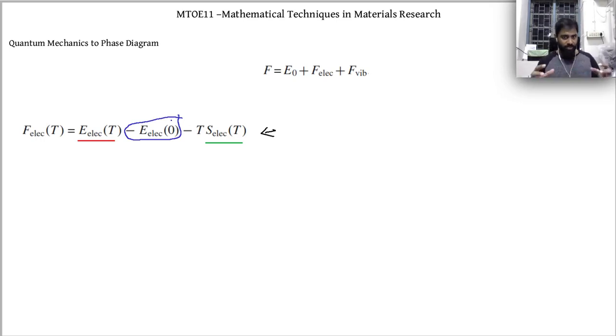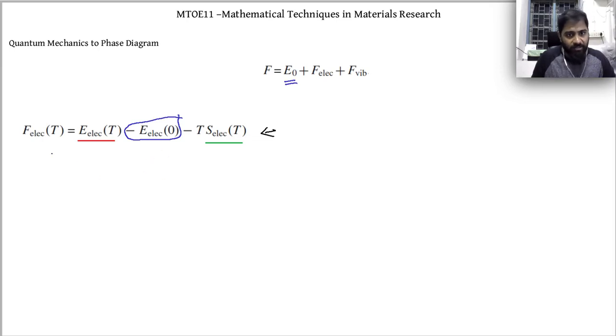So we have a formulation for the free energy of the electrons depending on their occupancy at different energy levels pertaining to a given temperature, and in that formulation we are ignoring the energy of the electrons at 0 Kelvin. The reason we are ignoring it is because we have considered the ground state energy at 0 Kelvin in the original formulation.